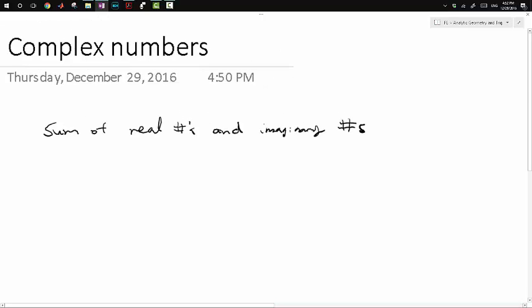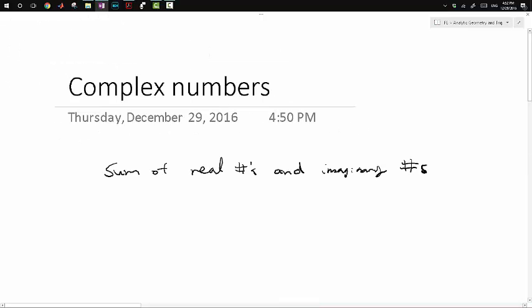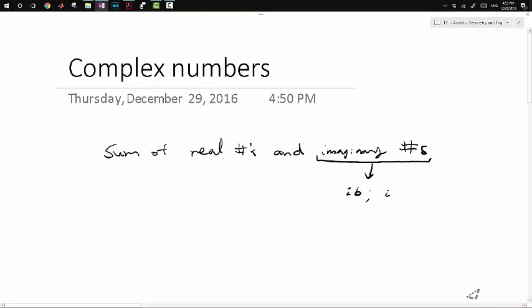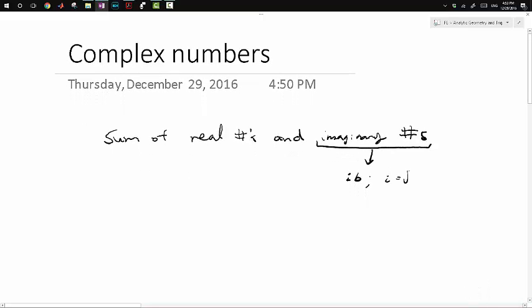Okay, so the imaginary number is represented by jb, where j is equal to the square root of -1.